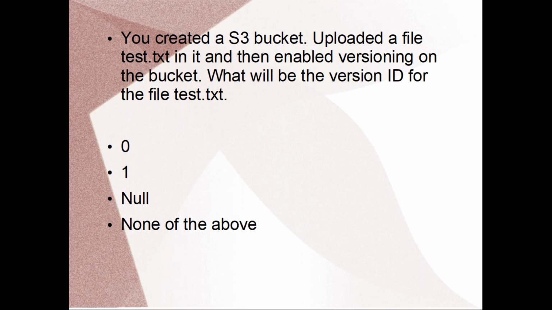You will see the new file that you have put in the bucket, it will get a version ID, but the older file, there it will mention the version null. So the older file, if it is a different file with a different file name, it will always be with the version null. So the answer here is null, and that will be the answer of this question.